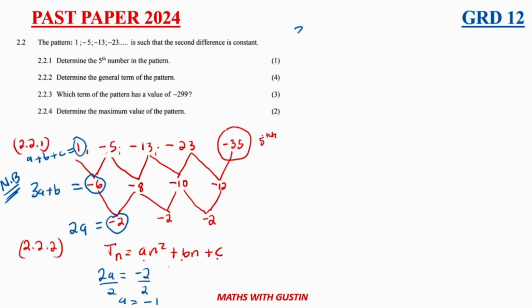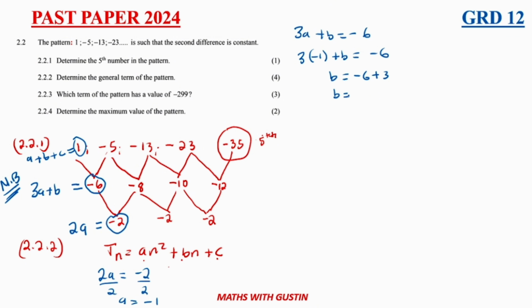In this equation, 3a plus b is equal to negative 6. I'm taking it from here, guys. We already know a is negative 1. There you go. Plus b is equal to negative 6. So now we're looking for b. We take 3 times negative 1, which is negative 3. Taking it to the other side gives us positive 3.